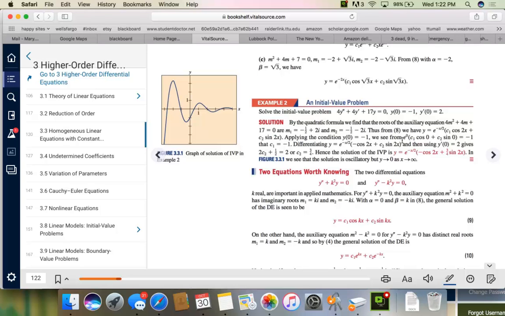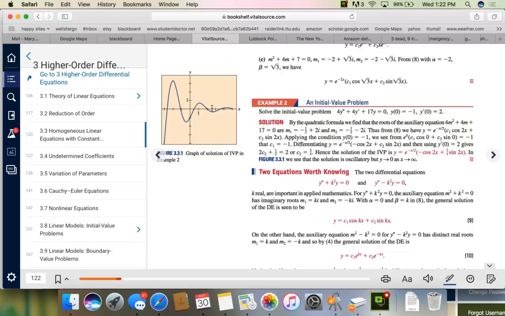So if you now take this expression and take its derivative, and then use the fact that y prime of 0 is equal to 2, you get an equation for C2, and you can determine that C2 is equal to 3/4. So substituting in the -1 for C1 and the 3/4 for C2, we get this expression.